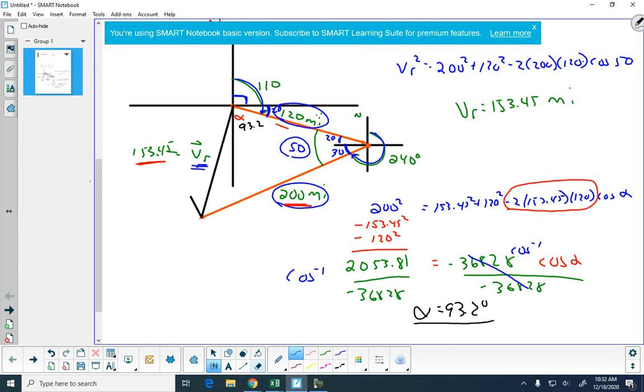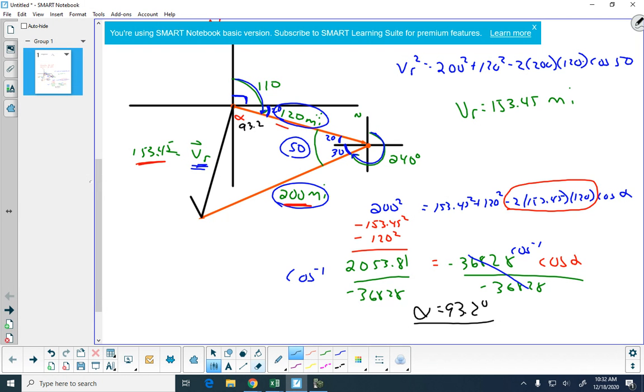Which is the measure of that angle. Once again, what your law of sines would have come down to would have been 86.8. So you have 86.8 or its supplement 93.2. You don't know which one you would use.